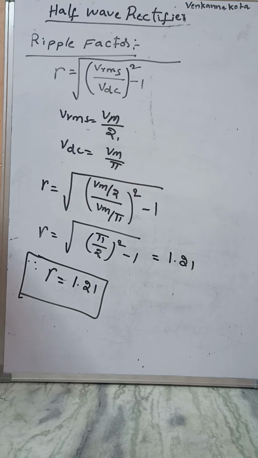So that's why it is not useful for the conversion of AC into DC. So we have to take another option. Then we go for the full wave rectifier. Next, efficiency. We have to determine the efficiency of a rectifier.